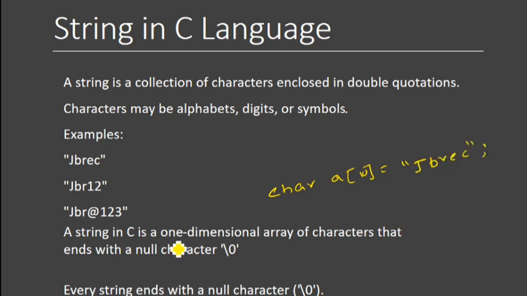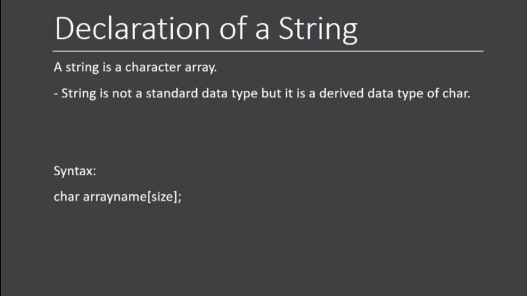A string is a one-dimensional array. In memory, it is allocated as JBREC followed by backslash 0. So this is a one-dimensional array. Every string ends with a null character, backslash 0.